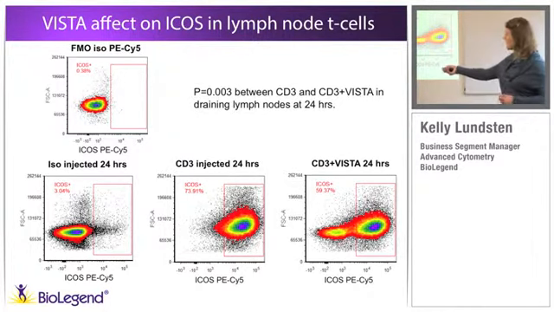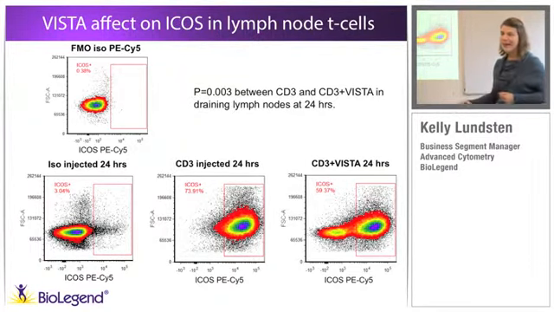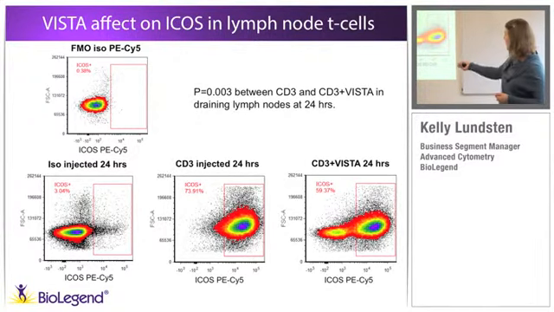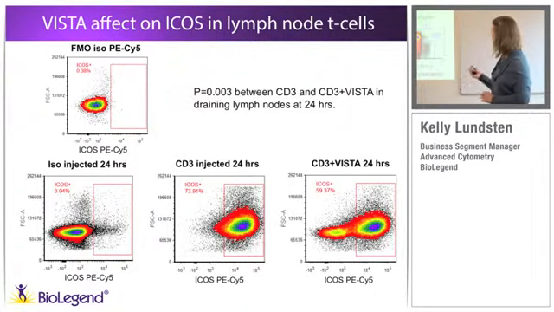But what that means is that inadvertently, I am populating a ton of PE-Cy5 background on every single T cell. That is not necessarily desirable, and I'm going to show you the effect of that later. And then here you can see the ICOS expression on the VISTA treatment was very significant. It was a 20% reduction in ICOS positivity. There was very clearly a population that was being affected by the VISTA treatment.